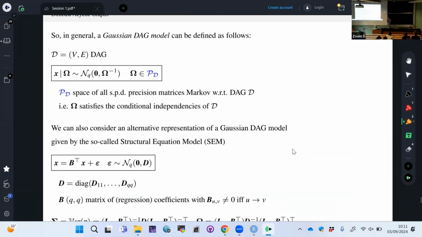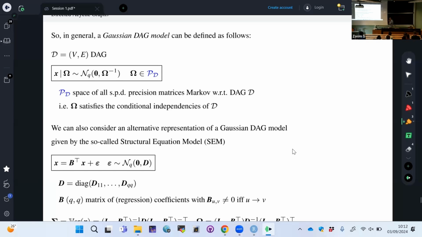We have a DAG, D = (V, E), and we assume that the joint distribution of our random variables is multivariate normal, N(0, Ω^-1), and we now ask Ω to be SPD, which is the standard requirement, but also to satisfy the conditional independencies encoded in a DAG now. Accordingly, in this notation, P_D is the space of all symmetric positive definite precision matrices which are also Markov with respect to a DAG D.